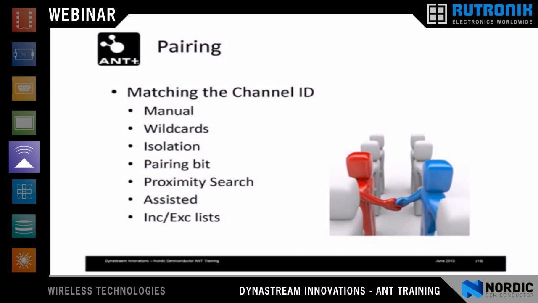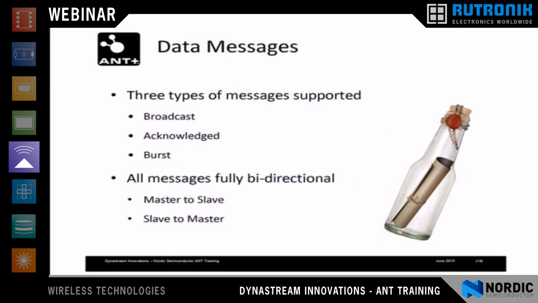But now we use a proximity search for that. So you can have 30 or 40 bikes all in the same vicinity, and you'll have a distance of maybe 5 centimeters or 10 centimeters between the meter and the head display in order to be able to pair. We'll talk a bit more about these in the next couple of slides.